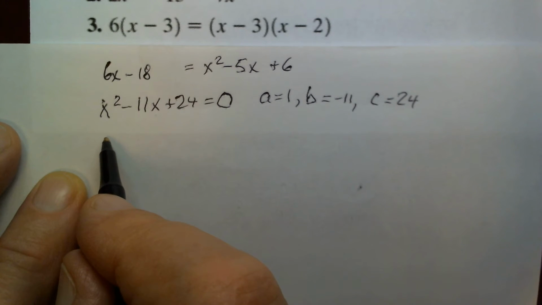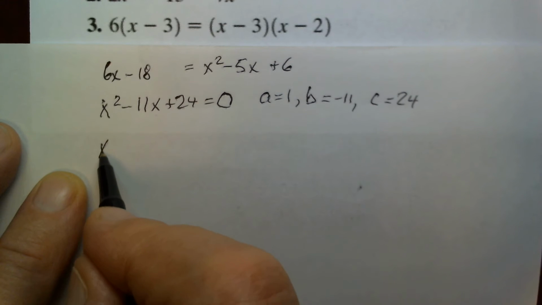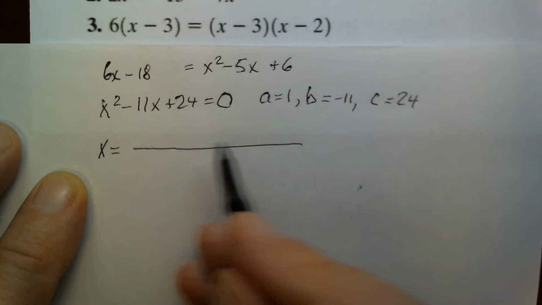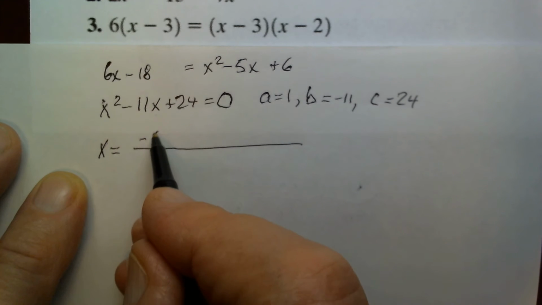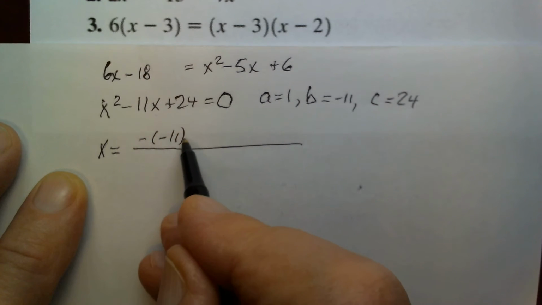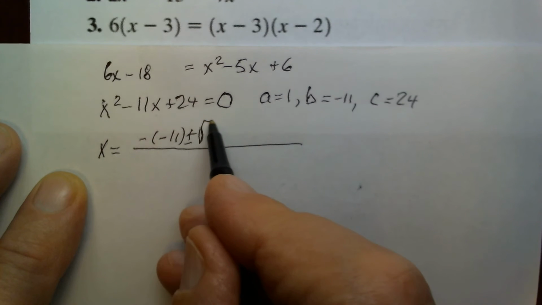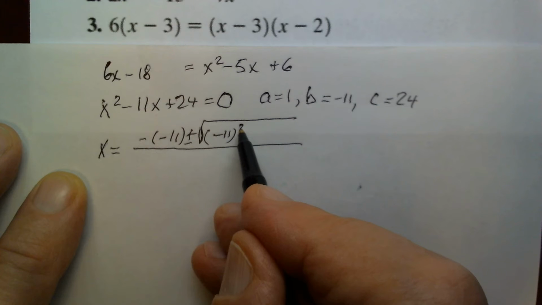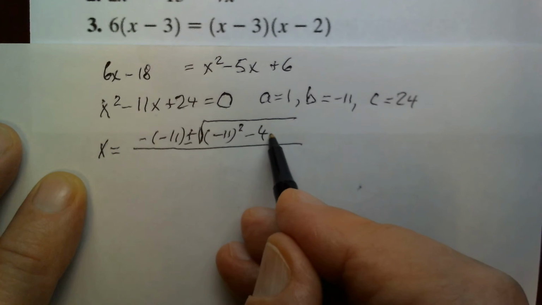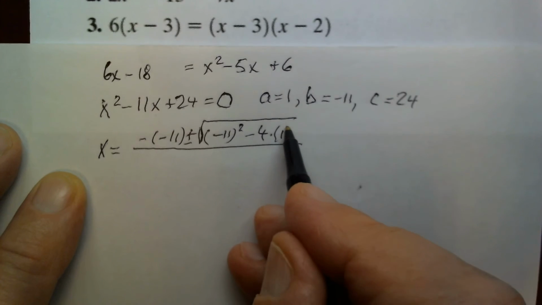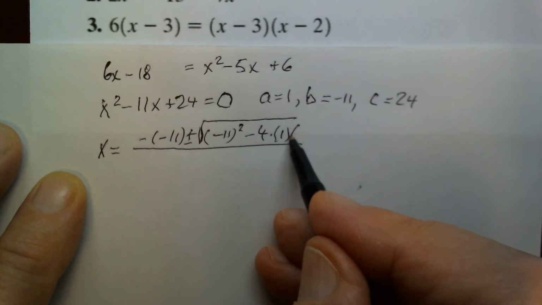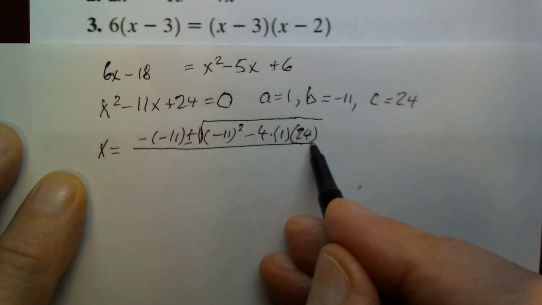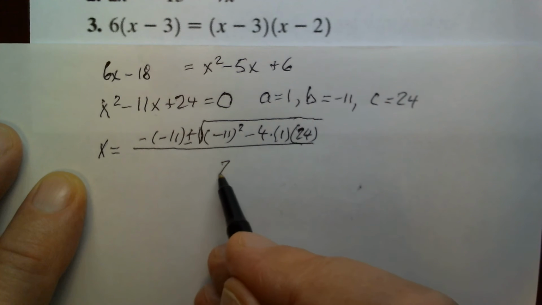So then our quadratic formula gives us a solution x equals minus b, so minus negative 11 plus or minus the square root of minus 11 squared minus 4 times A, that's 1, times C, which is 24, divided by 2A, or 2 times 1.